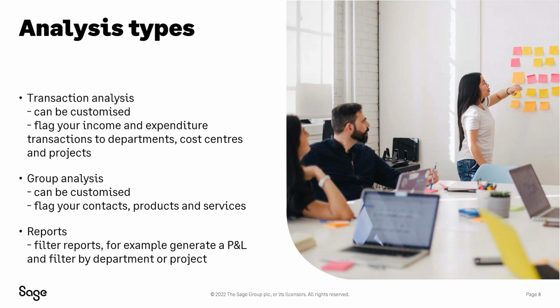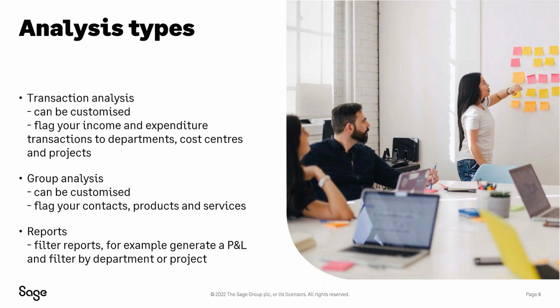Now, you've got three options in each area, and you can change their use if you want to. But departments, cost centers, and projects are by far the most common. Then you've got group analysis. Group analysis is used for flagging your records, such as your contacts, your customers and your suppliers, your products and your service records. So for instance, you might categorize your customers into different groups, such as retail customers and trade customers.